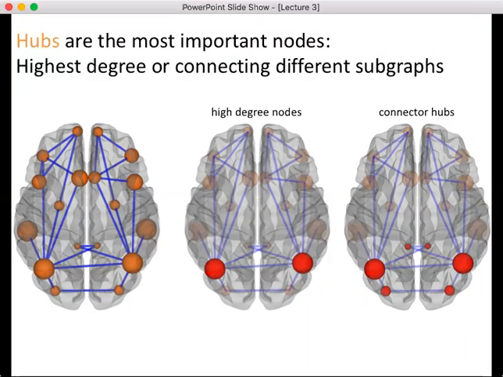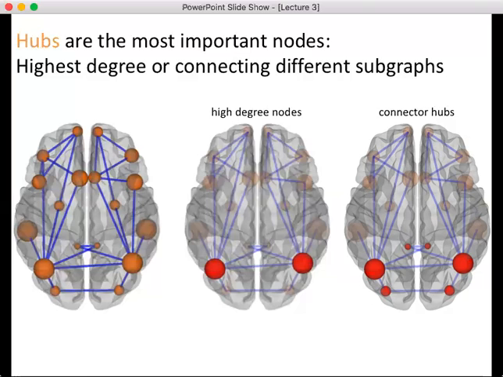For example, just to give an example from a completely different field, in social networks it has been shown that if you want to spread information, of course, the obvious thing is to spread it through high degree nodes because they will permit you to reach a lot of people, but they will only reach a certain cluster of people, a certain community.